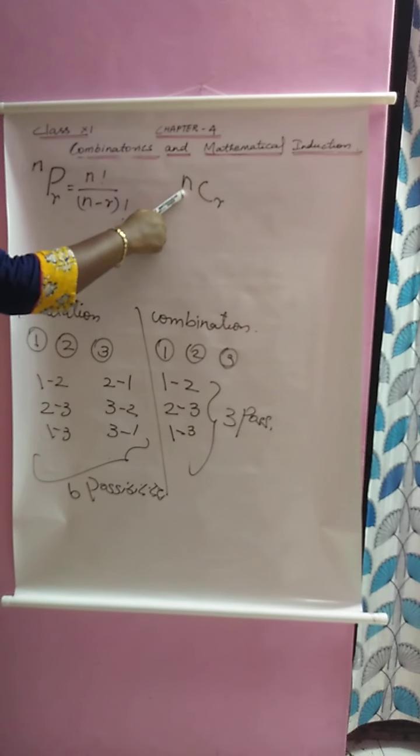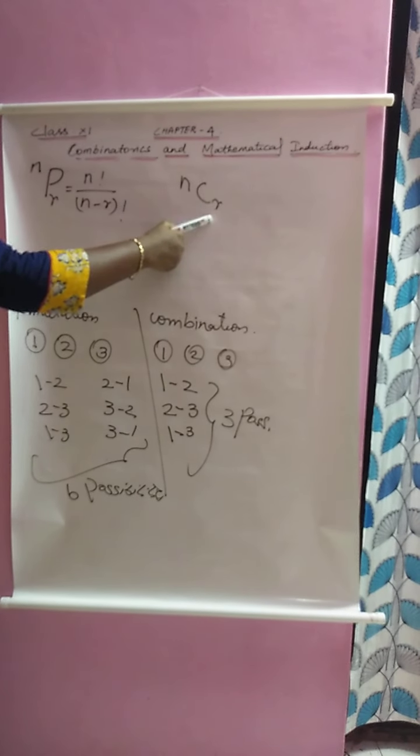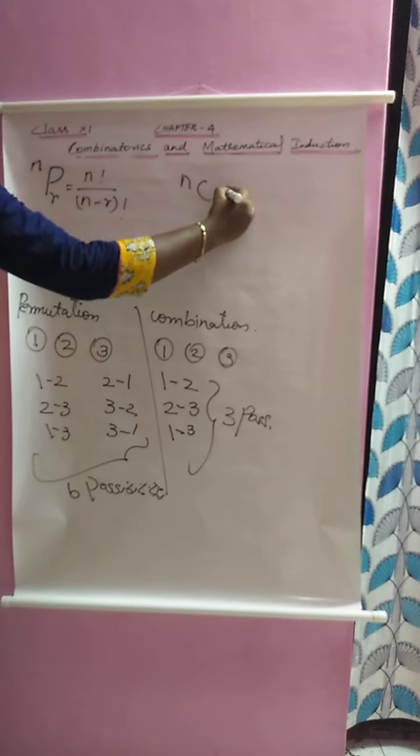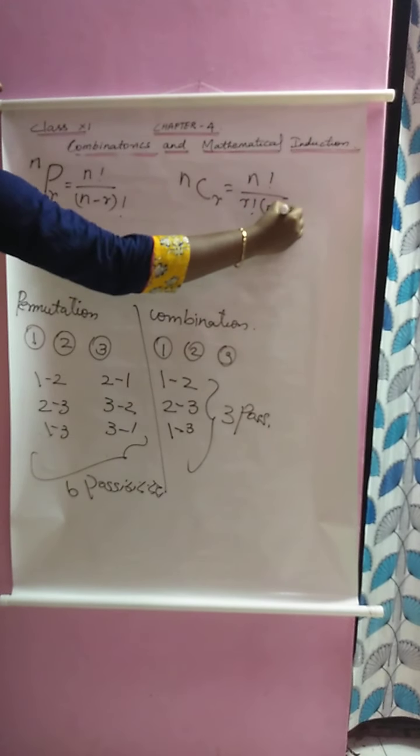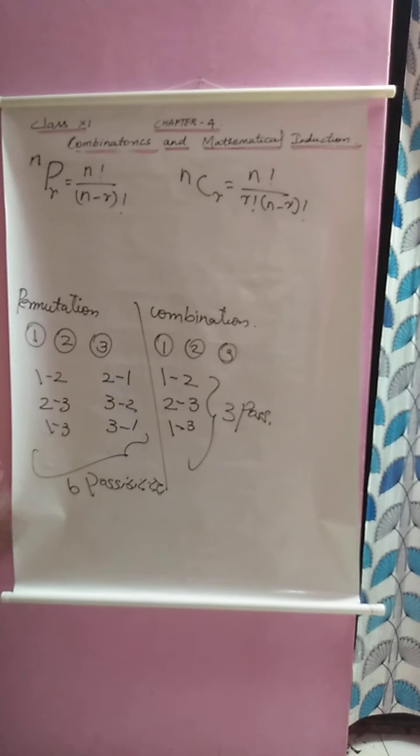Similarly, n is the total number of balls and r is the number of balls which we are going to take. nCr equals n factorial by r factorial into n minus r factorial.